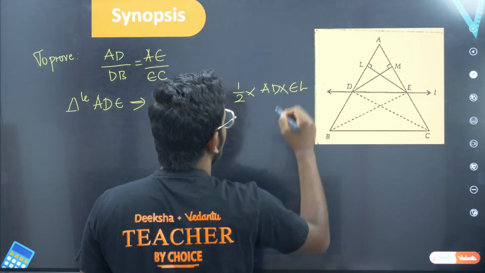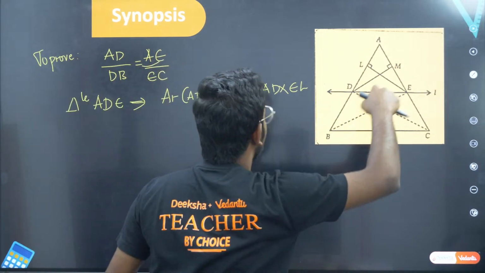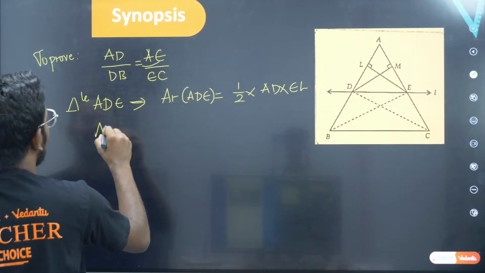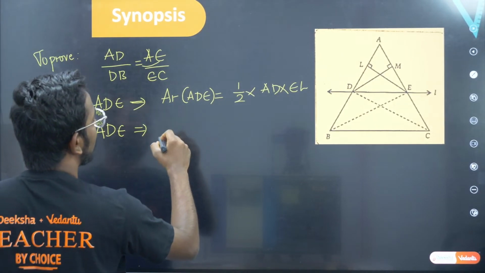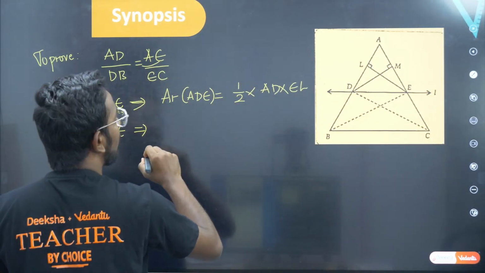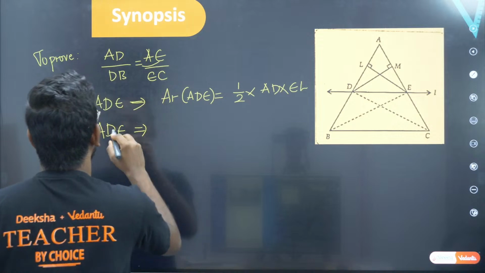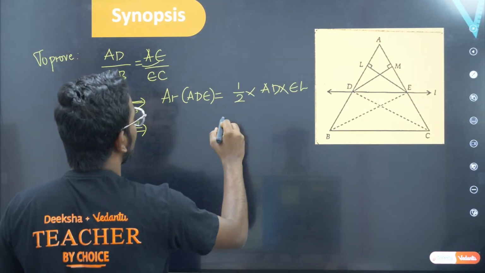That's it. Similarly I also want AE. Yes, can I get AE? Yes, it's very clear, sir. Taking the area of the same triangle ADE, now with AE as the base. So I'll take it as AED.